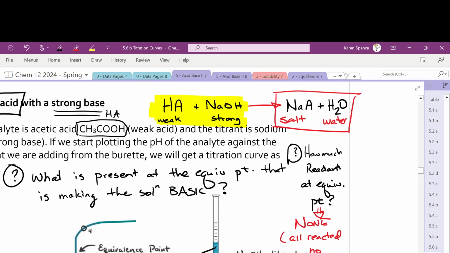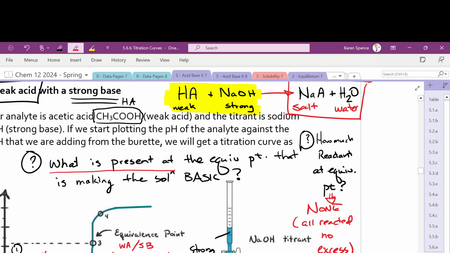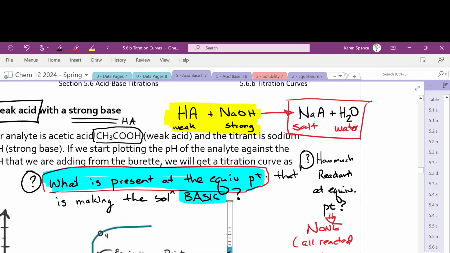So when I ask you, what is present at the equivalence point that is making the solution basic? The salt and the water. Which one? Is it the salt, or is it the water, or is it both?